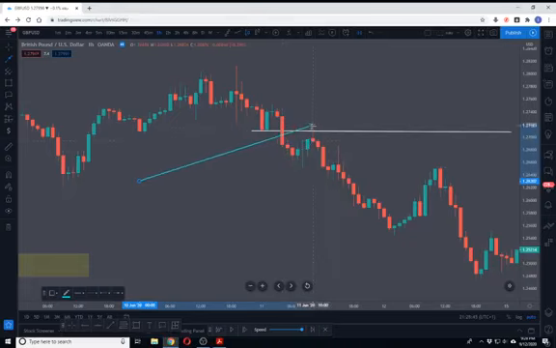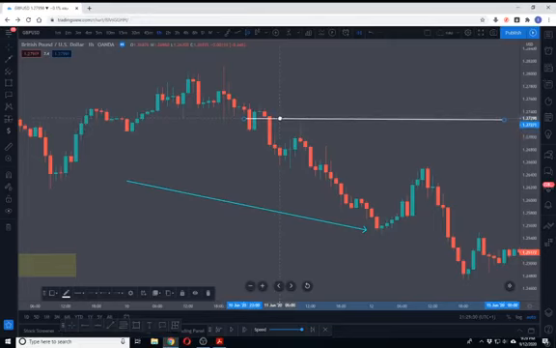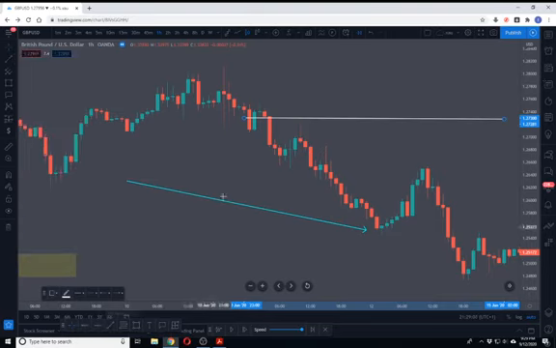The first time it comes back, that's tradable, and then as you can see, price just carries on. Now this demand zone leaves an imbalance here, so as you can see there's an imbalance between there and there.